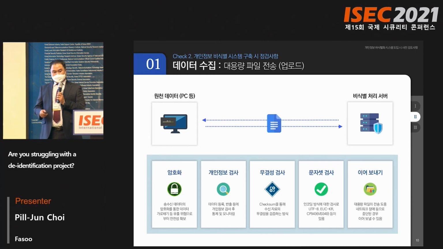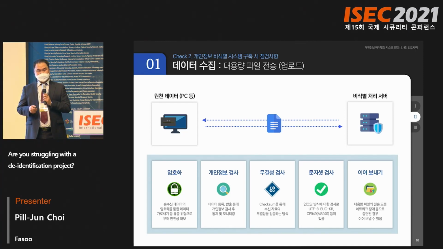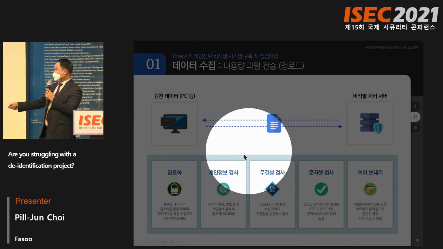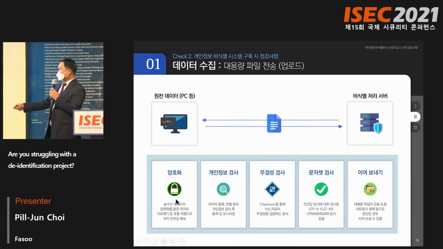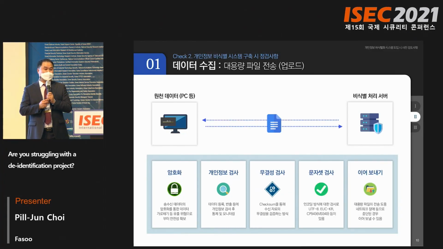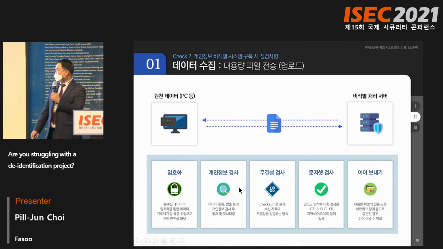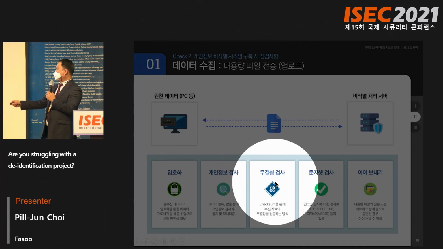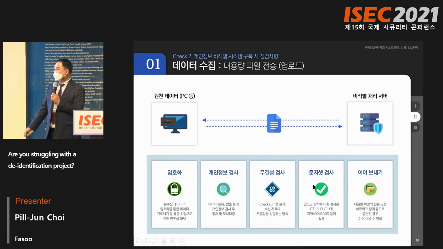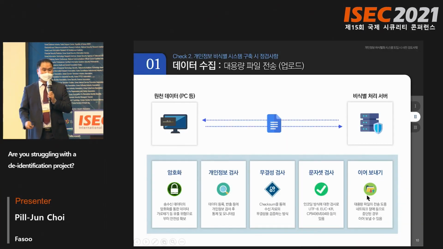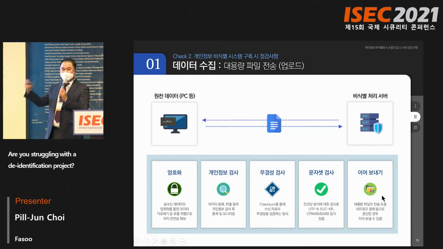The next example is a large file transfer. When you send a large file in the identification system, I mentioned the importance of encryption. Here, you have to encrypt the data. Since it is large file data, in general you don't really care about the personal information included, but in this case, you check the integrity, the personal information, and the character set if it's over 100 gigabytes or 200 gigabytes.